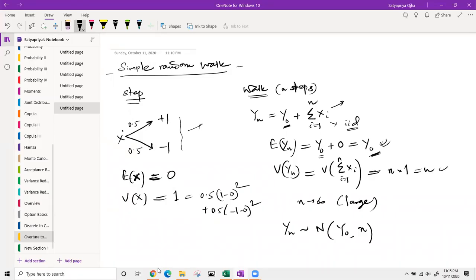Already I calculated the mean and variance, so that is fine. But it will be normal also if n is large. There are two ways to do this. In fact, actually, there is the same method. Why is this true? So last time we said that it is because... just 1 second.